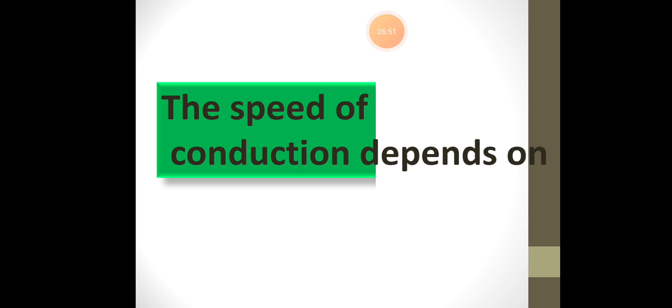The second one is the presence of a myelinated axon.